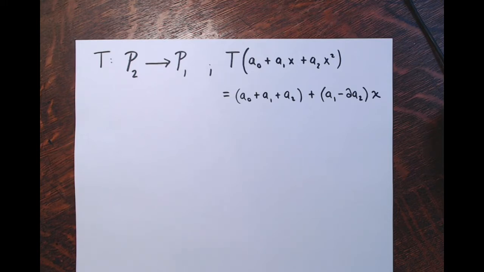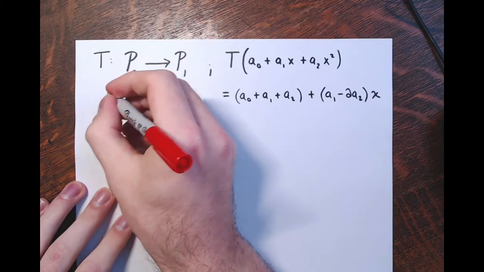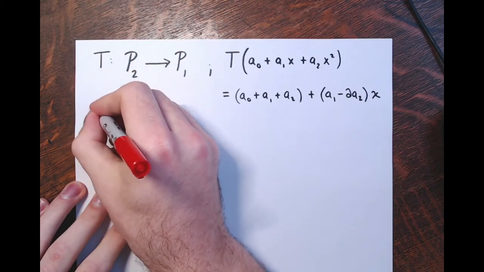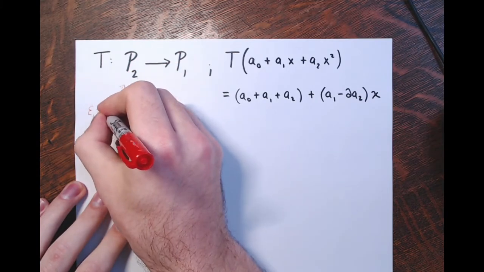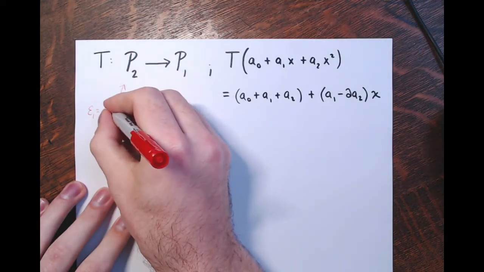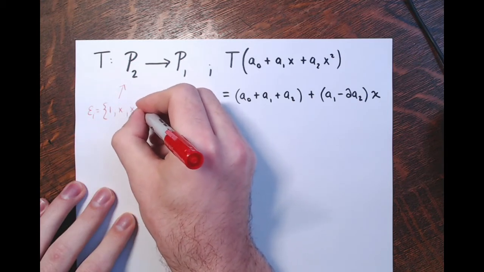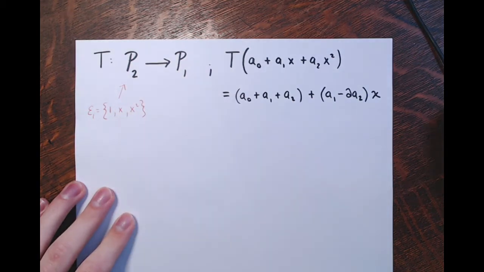Now, I'm going to start off with what we're used to, the standard bases. I'm going to call this E1. Remember the standard basis for P2: every polynomial of degree 2 or less is a multiple of 1 plus a multiple of x plus a multiple of x squared.